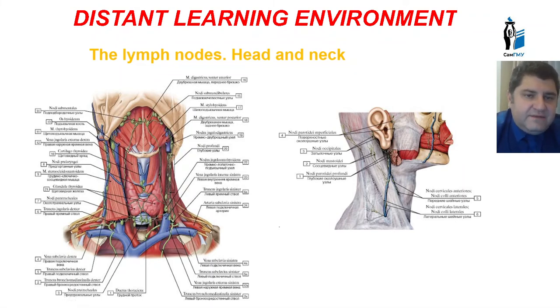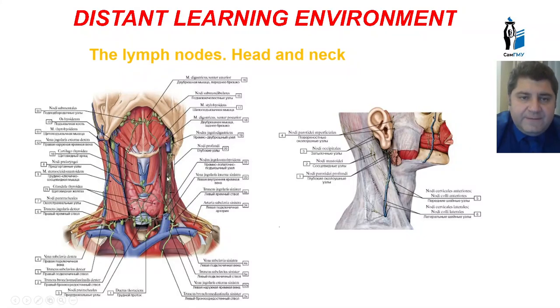This lymph passes from the oral cavity, from the tongue also, and from the inferior teeth. In the left picture we can also see the external jugular vein and superficial nodes with it, called the jugulodigastric nodes.